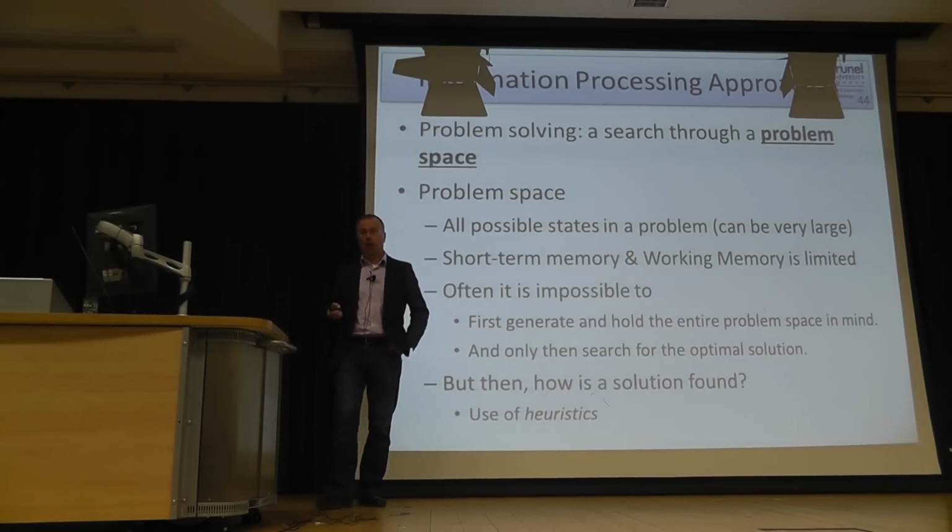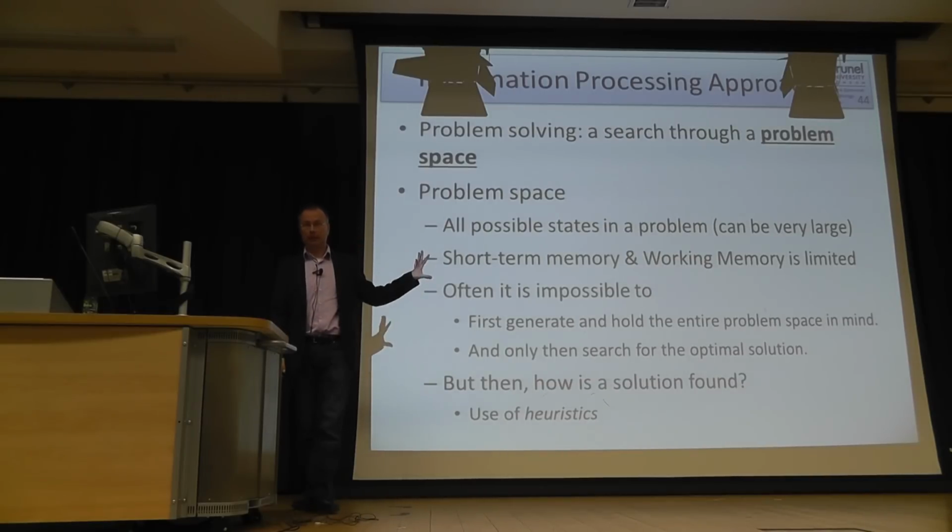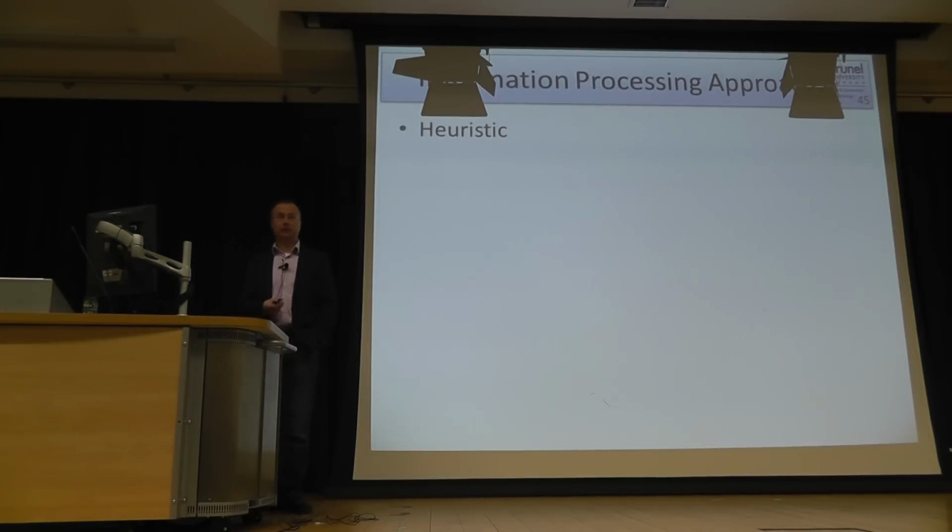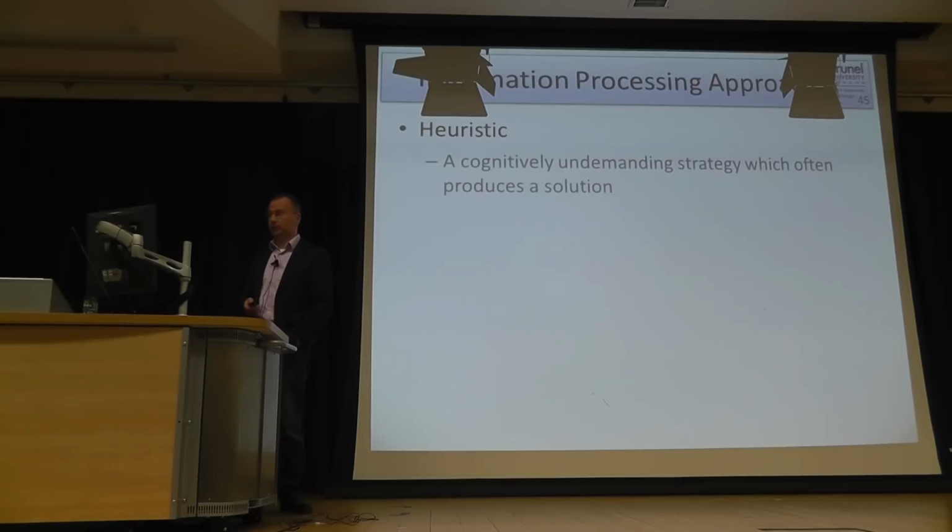Heuristics can also be explained in that framework of having a problem space, but not creating the whole problem space, only a subset of it, to go forward. So what is a heuristic in these formal terms?